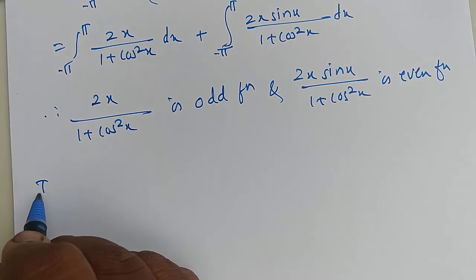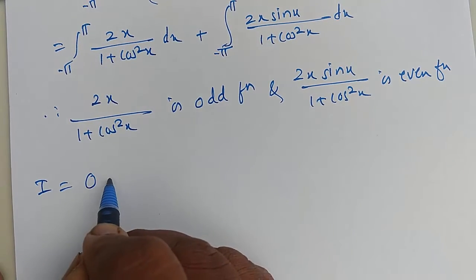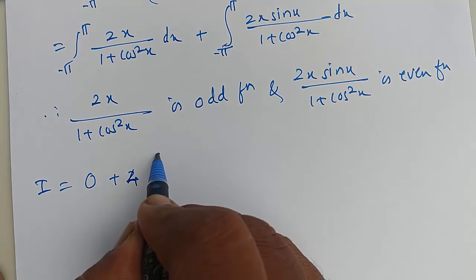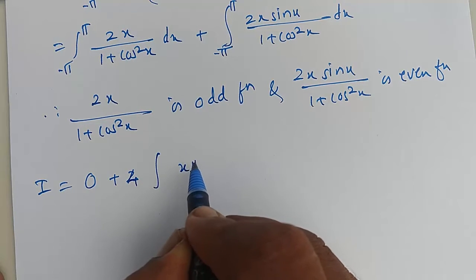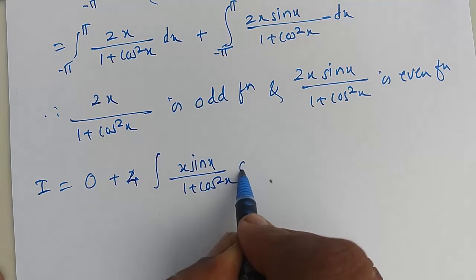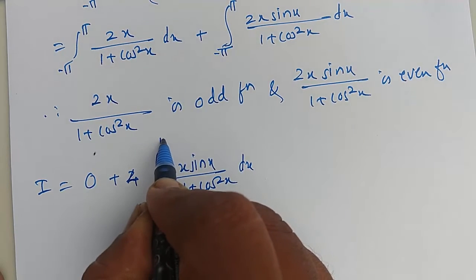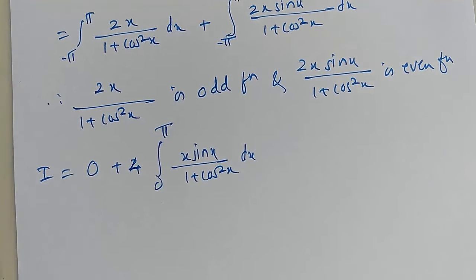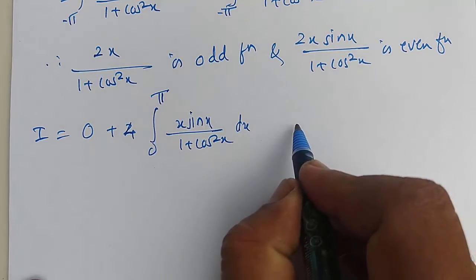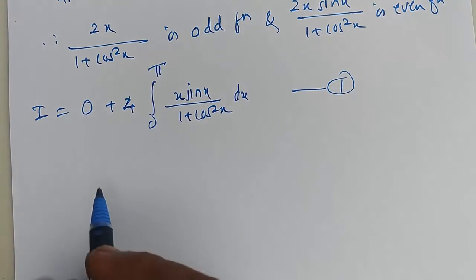So I is equal to 0 plus 2 times 2, which becomes 4, times integration from 0 to pi of x sin x upon (1 plus cos square x) dx. This is number 1.